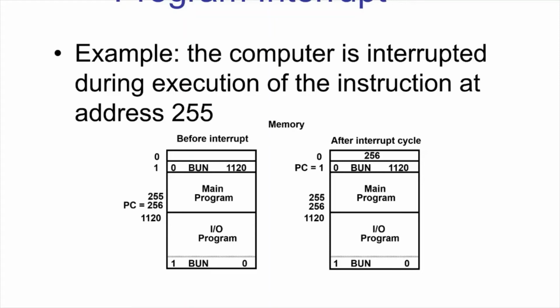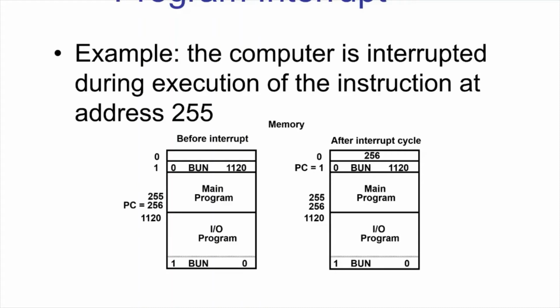The main program and the input output program are there. After the interrupt cycle, you can see where I raised the request, 255. Immediately it returns the program to 255, and at 256 it will stop. The system is interrupted during 255, and after the interrupt cycle, it will move the data to the main program.